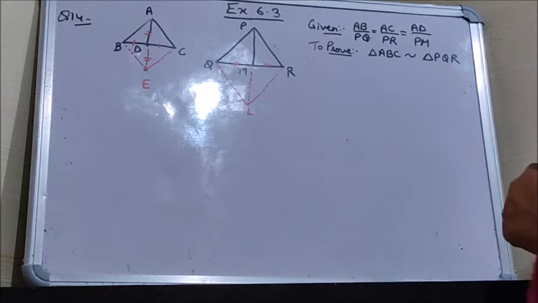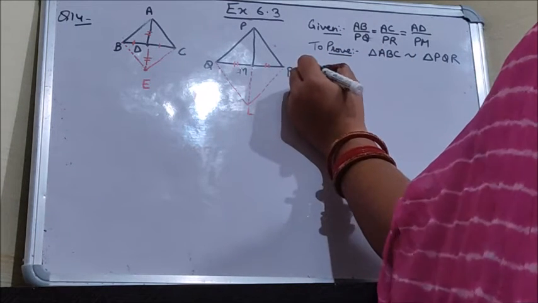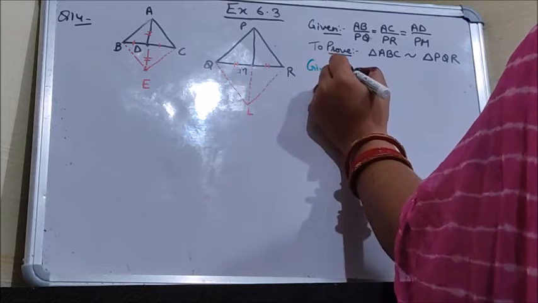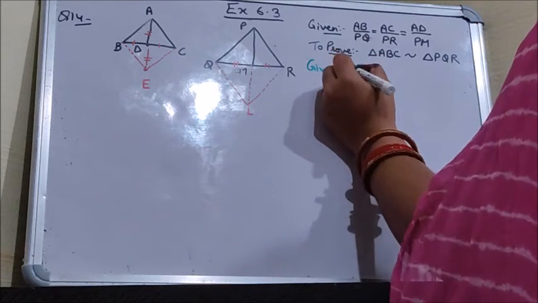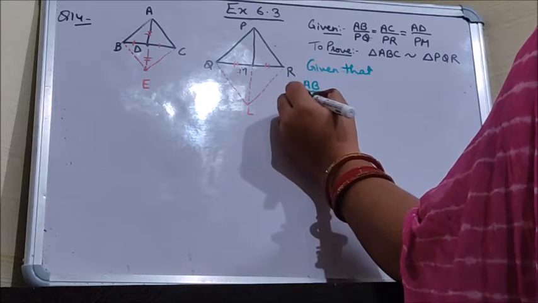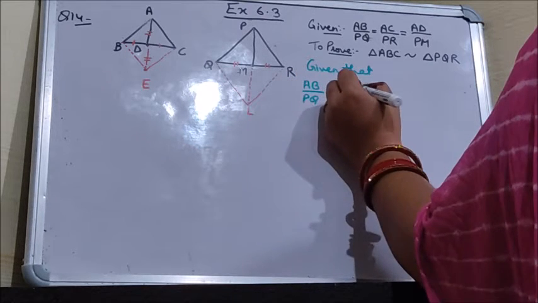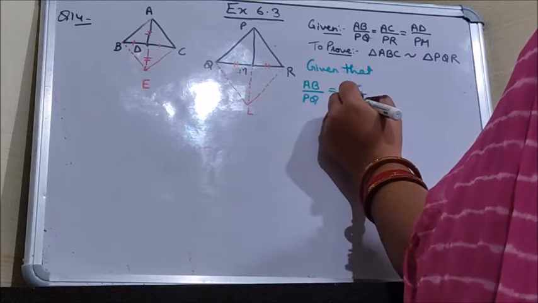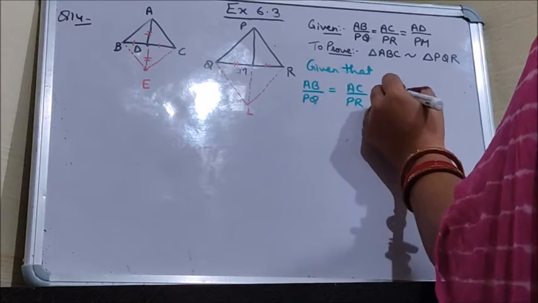Now it was given that AB upon PQ is equal to AC upon PR is equal to AD upon PM.